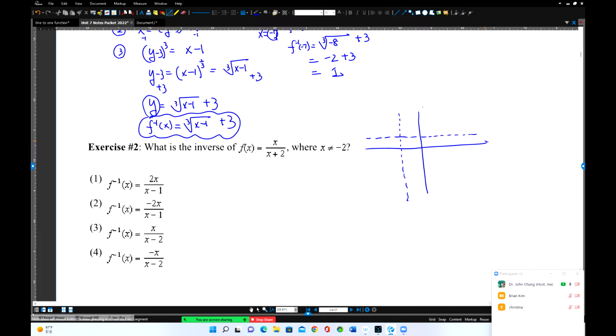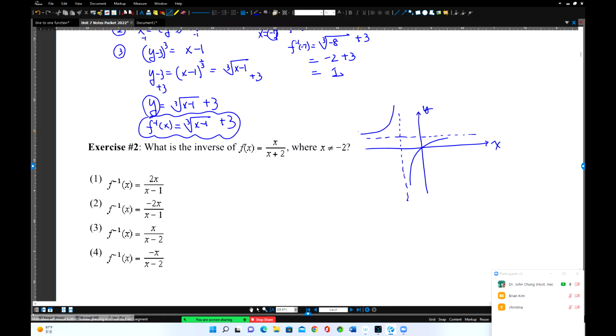But you're going to learn asymptotes later, okay? But not this time. Okay, the graph is, let me see, 0 is 0. They're going to pass here. The graph looks this way. Okay, that's the graph.